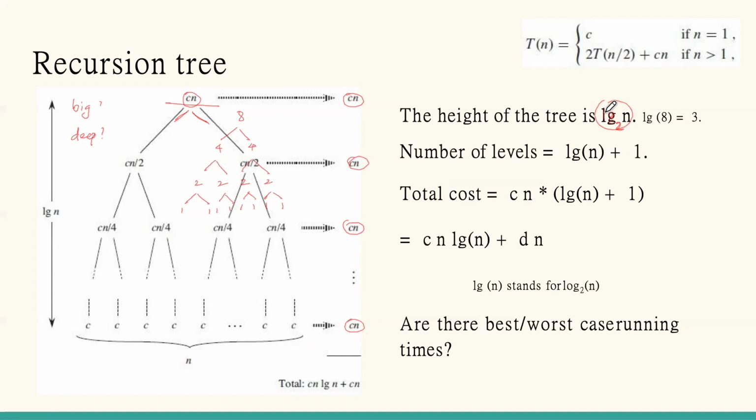And the height of the tree is simply log 2 n plus 1. So we see a pattern here and we can calculate the height this way. Then the total running time is Cn times (log 2 n plus 1). So the total cost equals Cn times (log n plus 1).